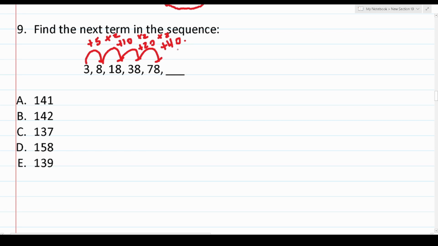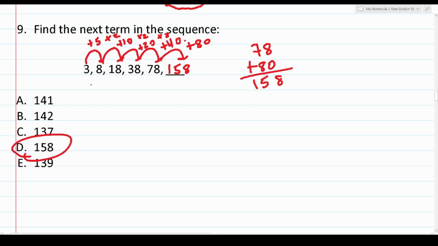So to get to this term right here, we're going to add 40 times 2, which is 80. So it's going to be 78 plus 80. 8 plus 0 is 8. 7 plus 8 is 15. So this next term is 158.